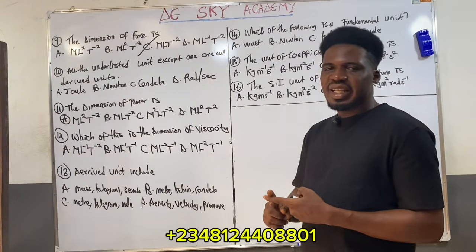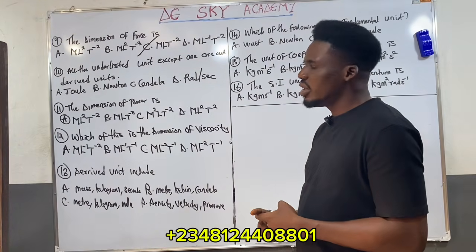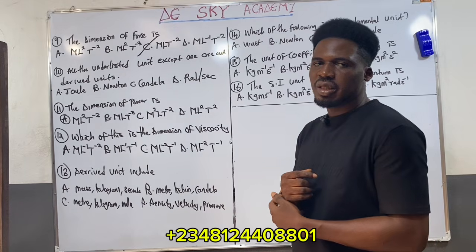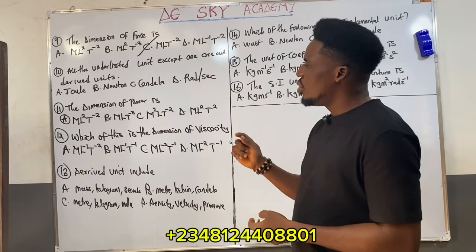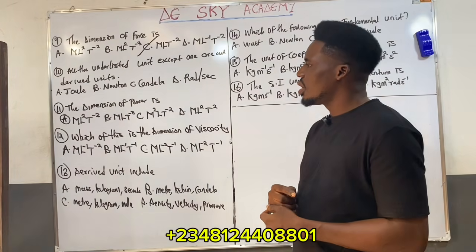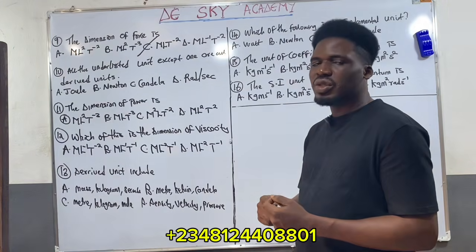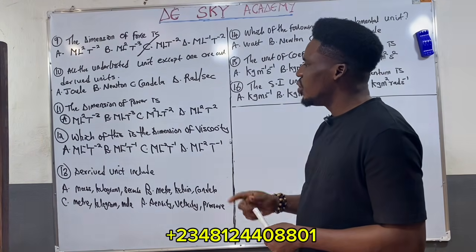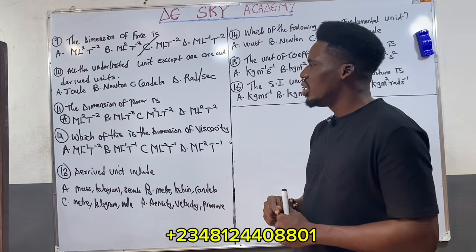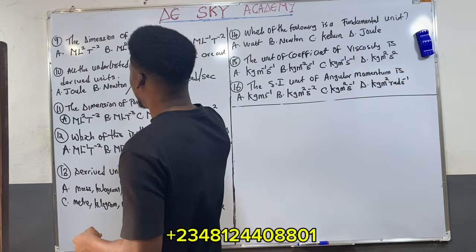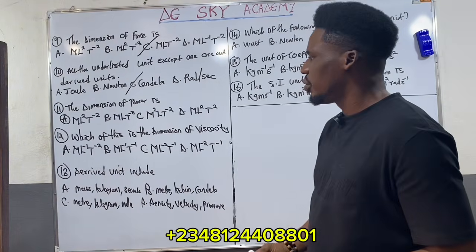Option C, candela. Candela is a unit of luminous intensity, and luminous intensity is a fundamental unit. Radian per second is a derived unit. So the one that is not a derived unit is candela, which is a fundamental unit. So the correct option is option C.